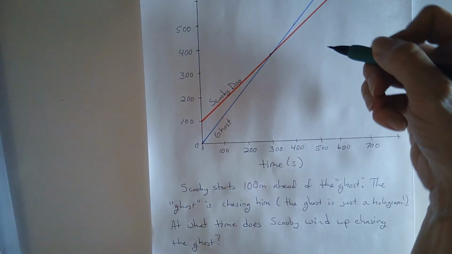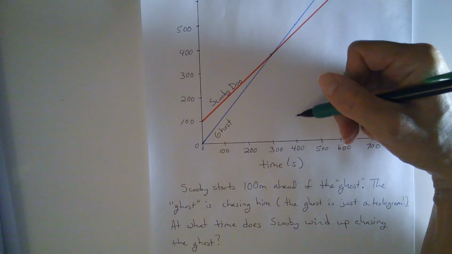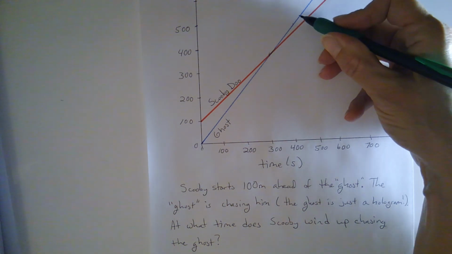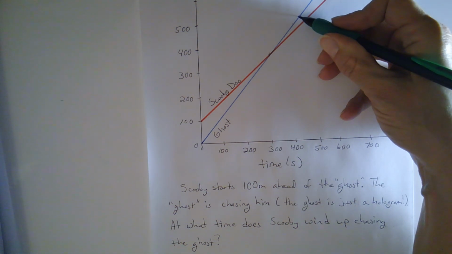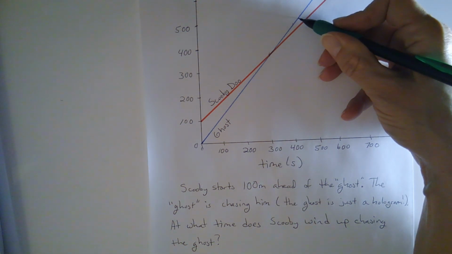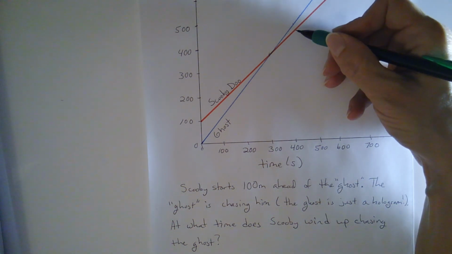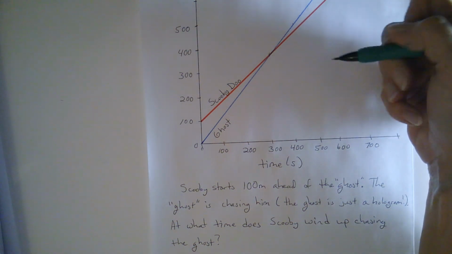And then all of a sudden, if we look over here at 400 seconds, Scooby-Doo is only at maybe 490 meters, and the ghost is further ahead at like 500 meters. Well, that means that starting from here forward in time, Scooby-Doo is now chasing the ghost.